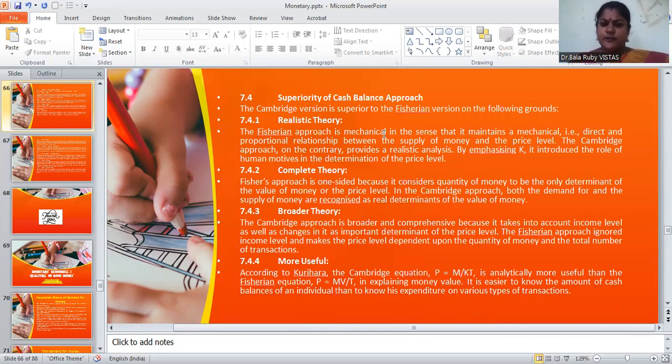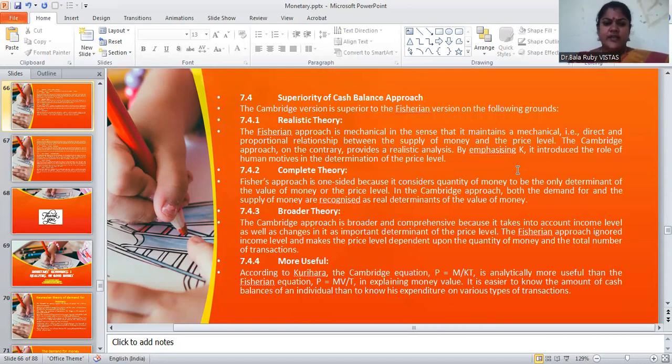Fisher's approach is mechanical in the sense that it maintains a direct and proportional relationship between the money supply and the price level. The Cambridge approach, on the contrary, provides a realistic analysis. By emphasizing K, it introduced the role of human motives in the determination of the price level, right?